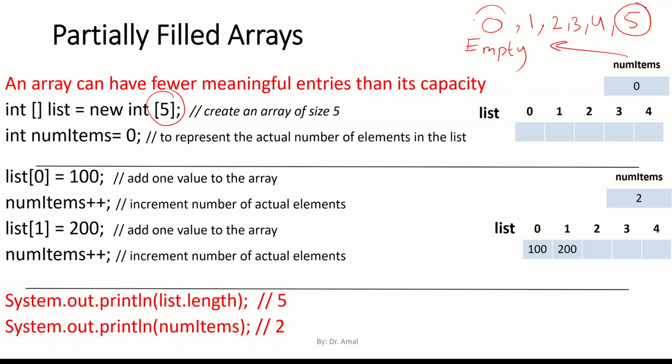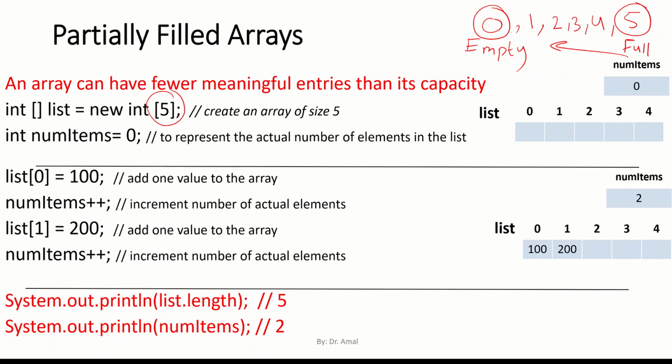So we start from 0, which means empty, and we can have 5, which means the array is full and you cannot add any more elements. So this is the starting point of this session.